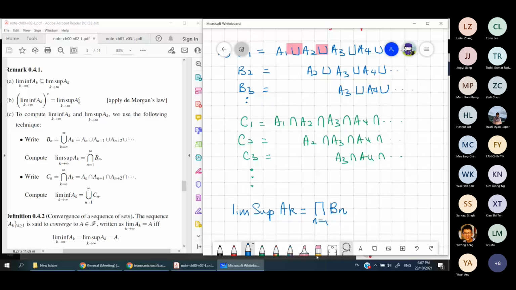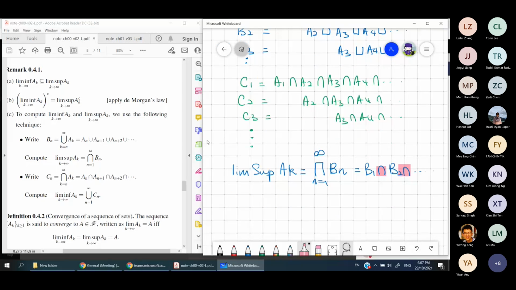If you don't want to use shorthand, we are just taking all the B and then taking the intersection. So you look at it, we begin with union and follow with intersection. This is how we compute the limit supremum.